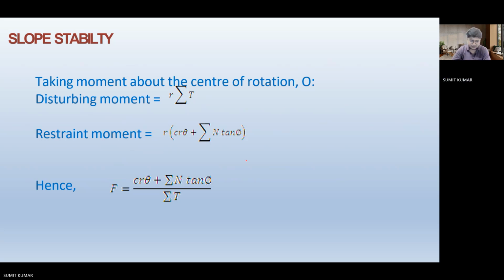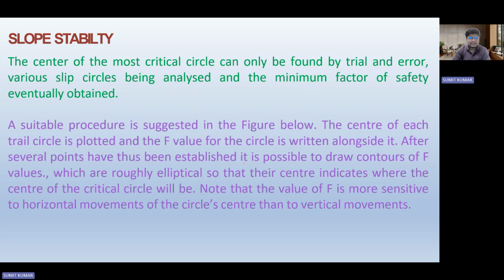Now, when you move ahead, you see that these correlations look similar to that correlation where we use C into R square theta by W into E. But over there, the cohesion term is only there.